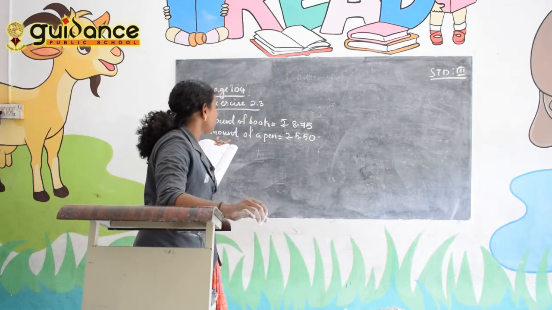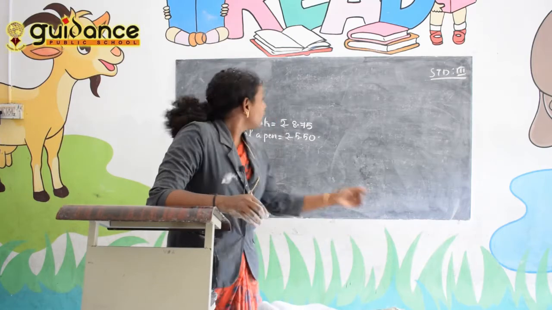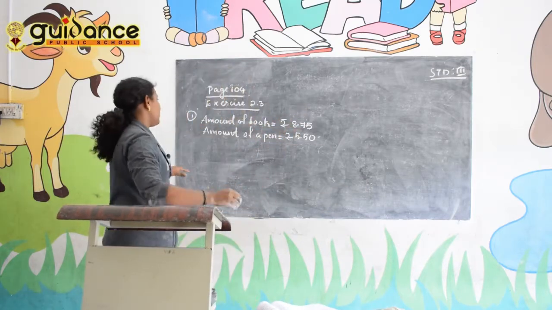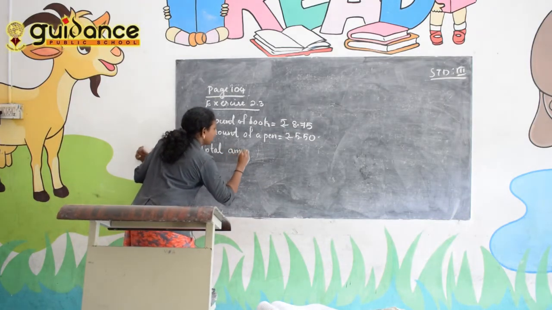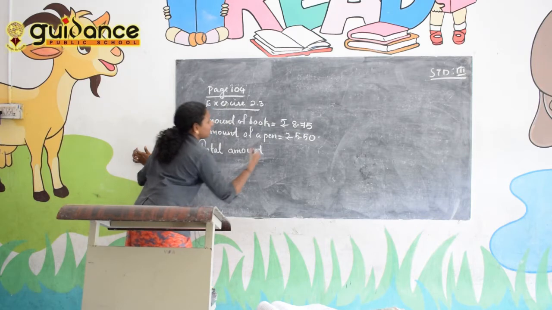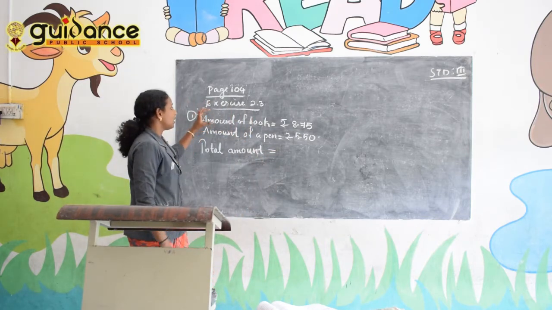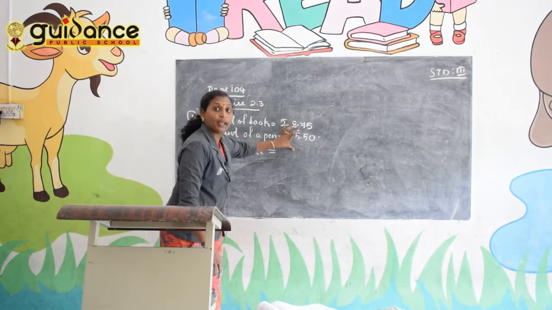Good. The sum of the amount of the book and the amount of the pen. That means the total amount, or the money spent on both a book and a pen, is equal to the amount of a book plus the amount of a pen.